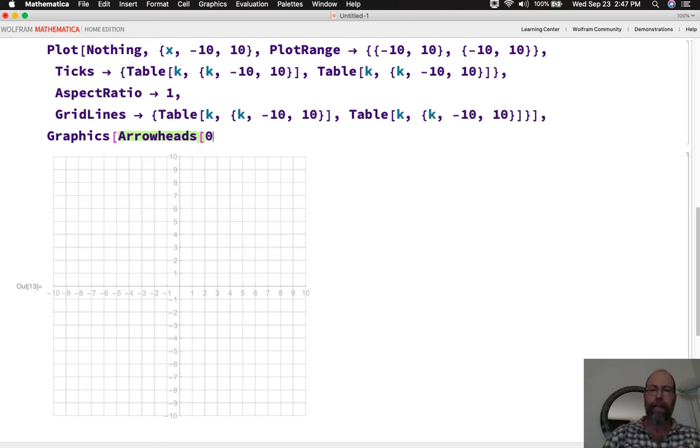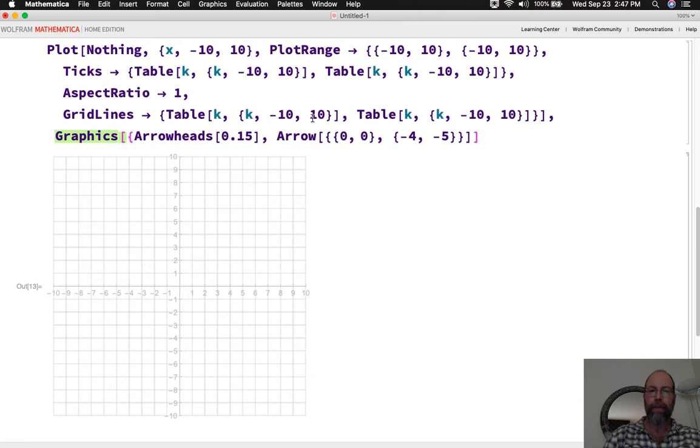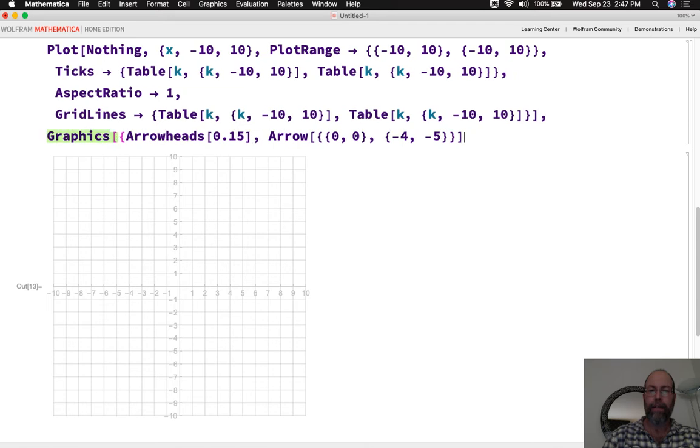Let's say it's going to be 15% of the width of my graph. An arrow goes from the origin to -4, -5. And I'm going to include, one second.